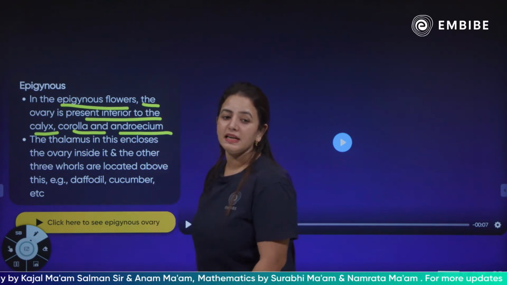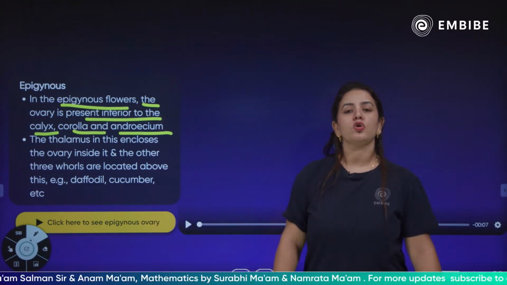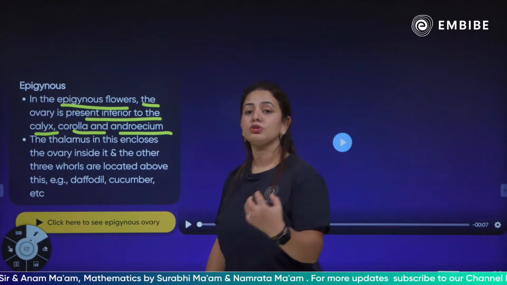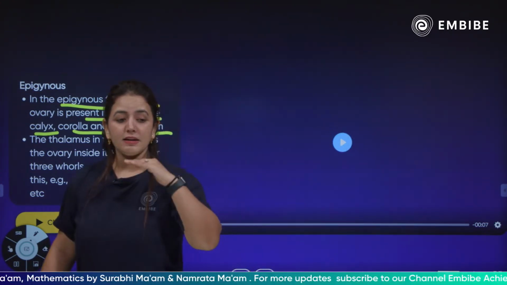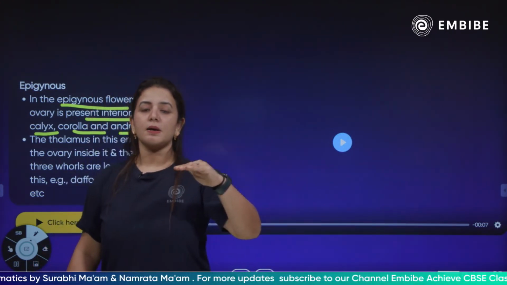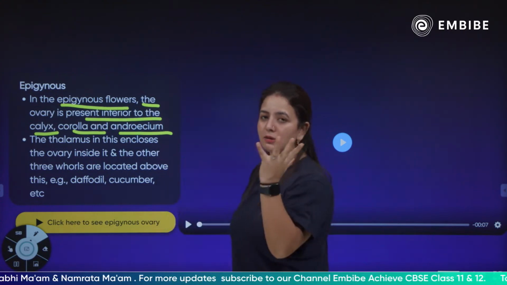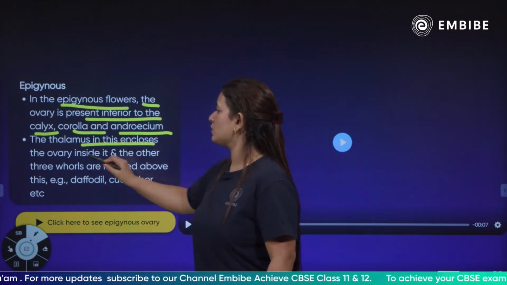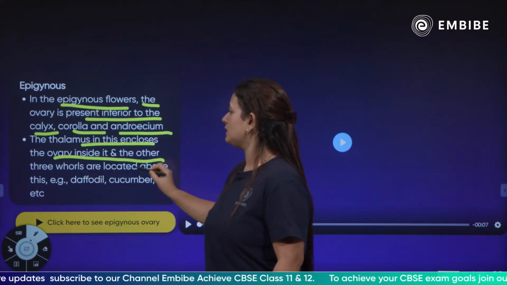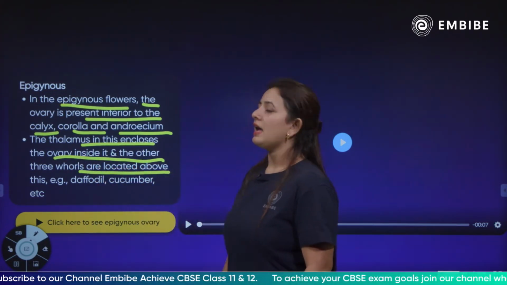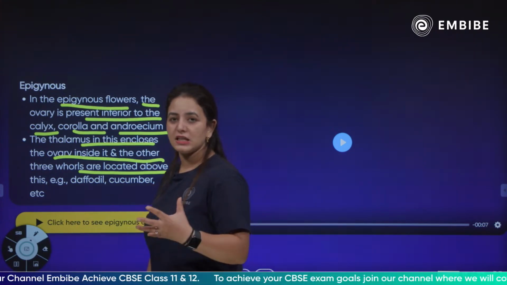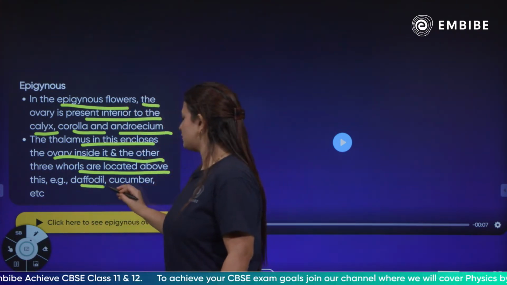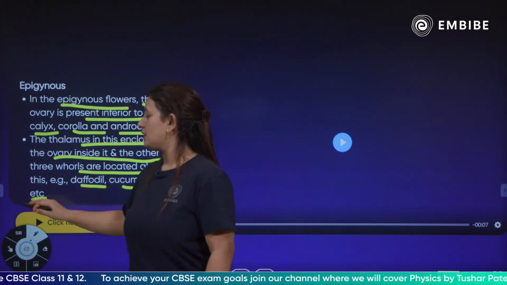It is completely inferior, at the lower level, to the other whorls. The thalamus encloses the ovary inside and the other three whorls are located above it. Plants which possess such flowers are daffodils, cucumber, etc.